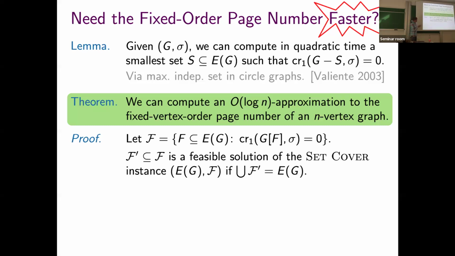And by good solution, I mean it's a feasible solution of this set cover instance where I want to cover all the edges. I want to put the edges into crossing-free subsets, and I want to use up all my edges.